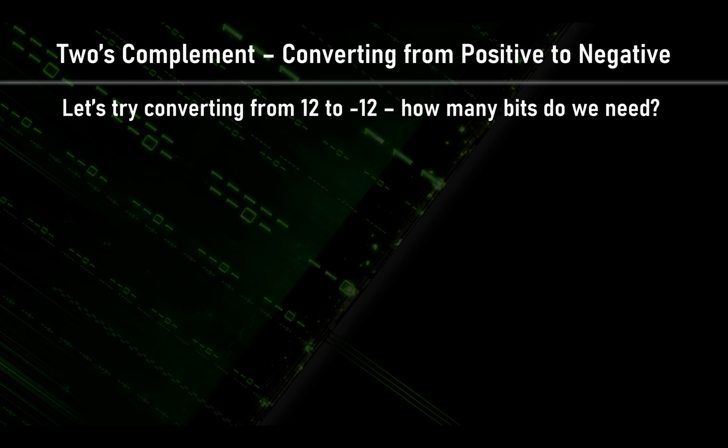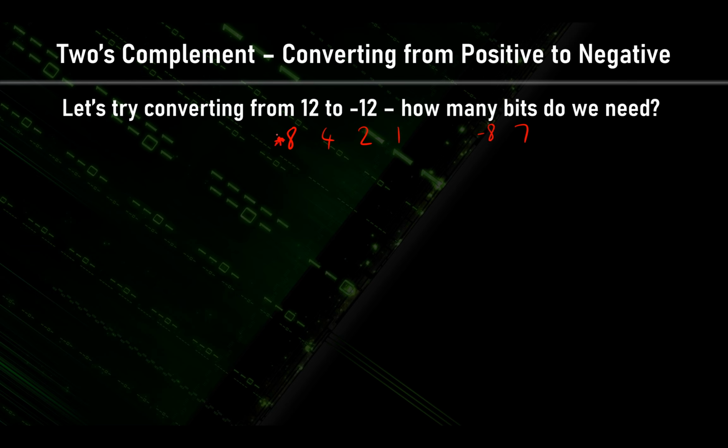To represent 12, if we only have 4 bits, that's not going to be enough. If we've only got 4 bits, then the most significant bit is going to become negative, so the biggest number we can represent would be 7 and the smallest number would be minus 8.